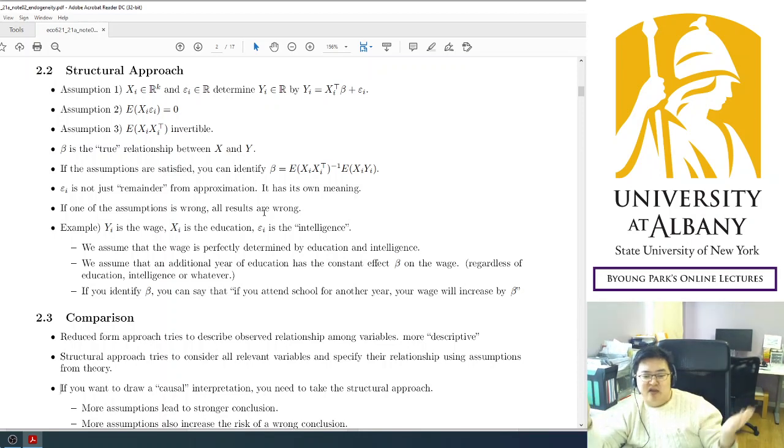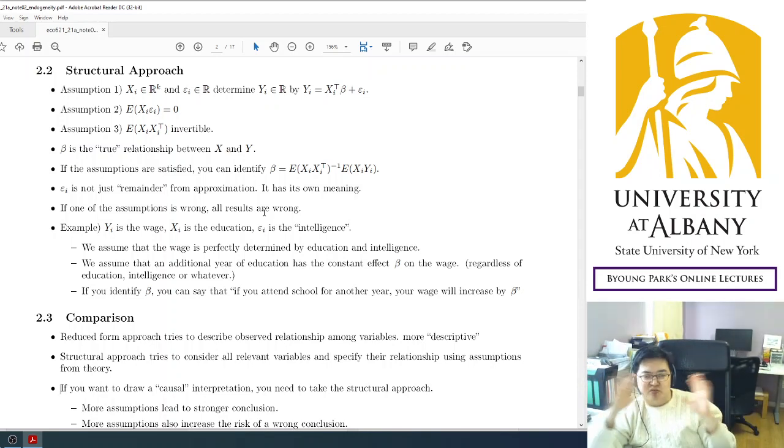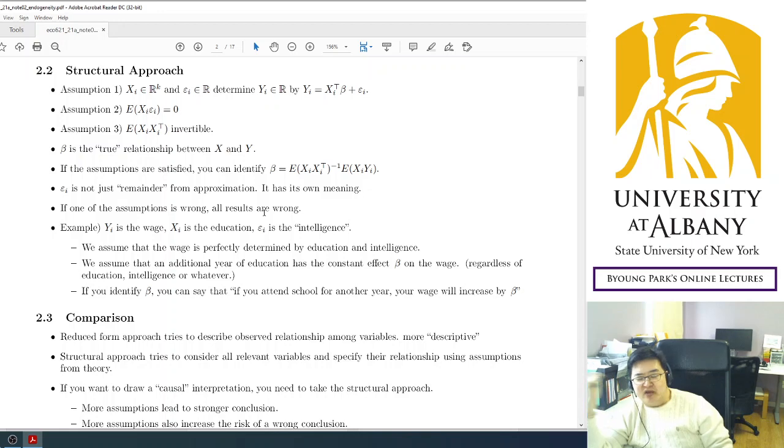In international trade, we assume what the trade cost is, what the production function is, what the demand function is, and we estimate those models with data. And in empirical IO, we also define what the demand in the market is and how the firms determine their prices.